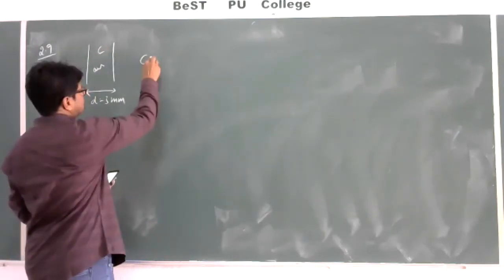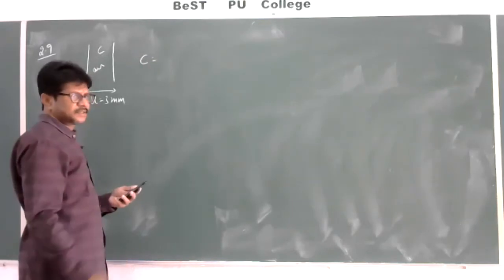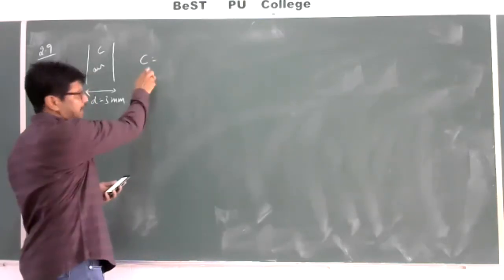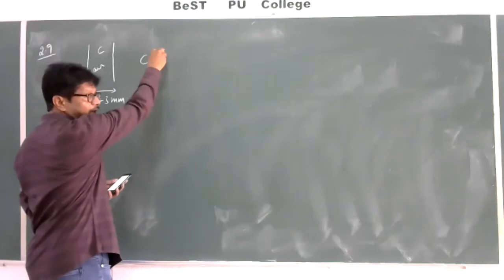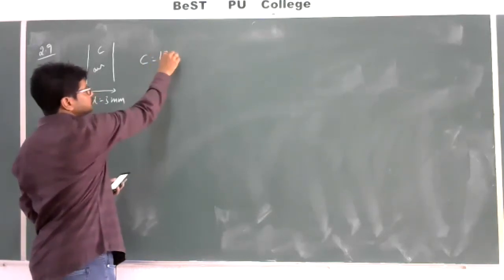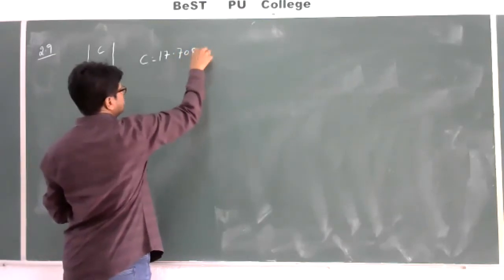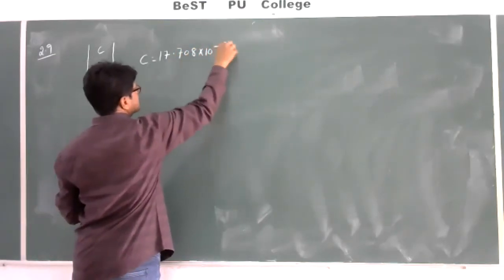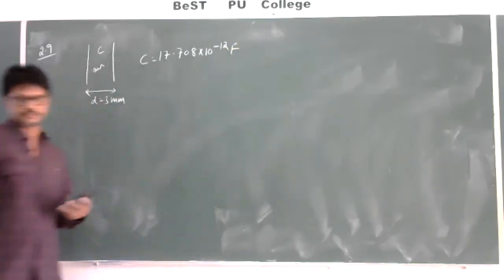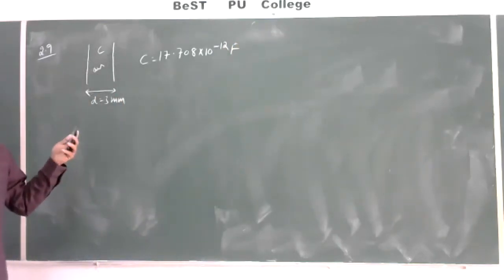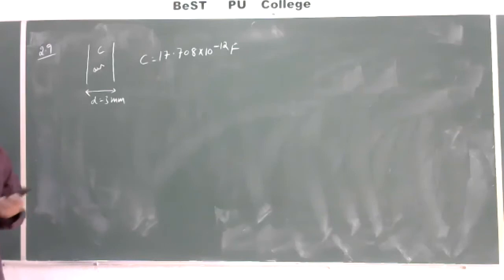We got the capacitance as 17.708 into 10 to the power of minus 12 farad. Already we simplified it in the 2.8 problem.